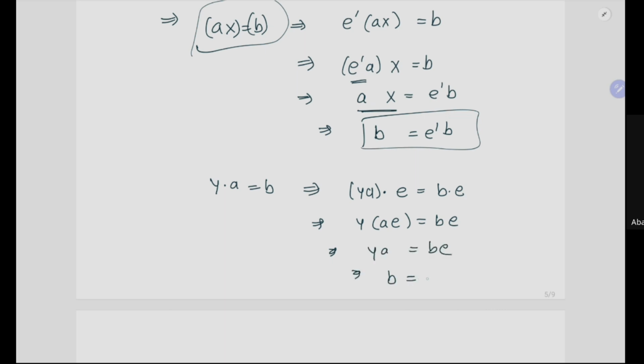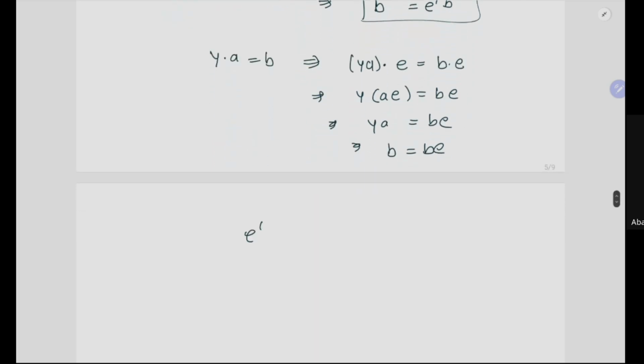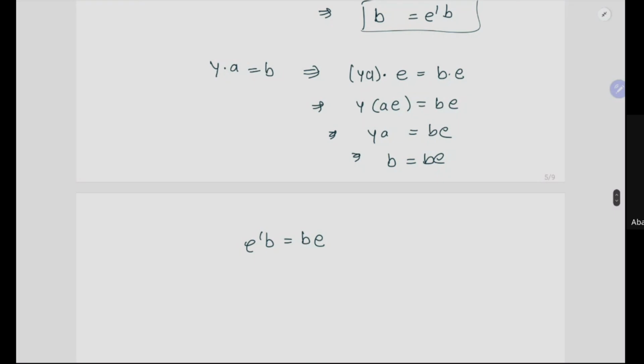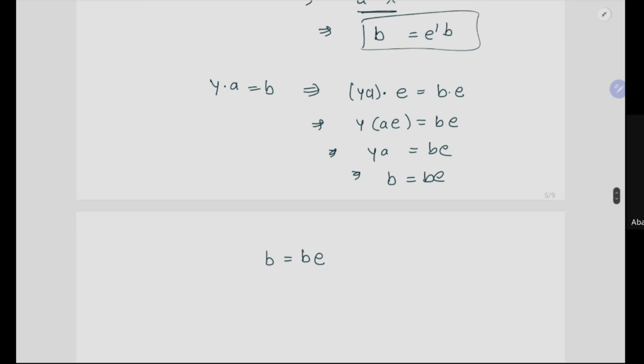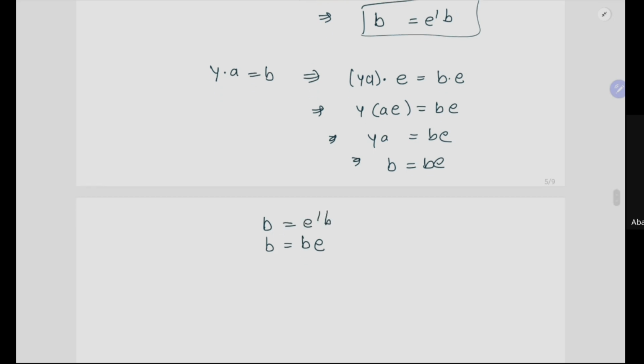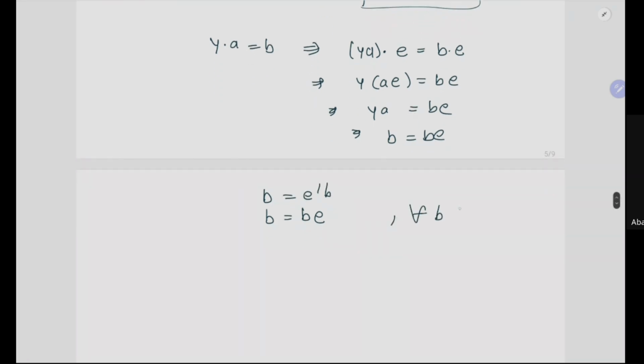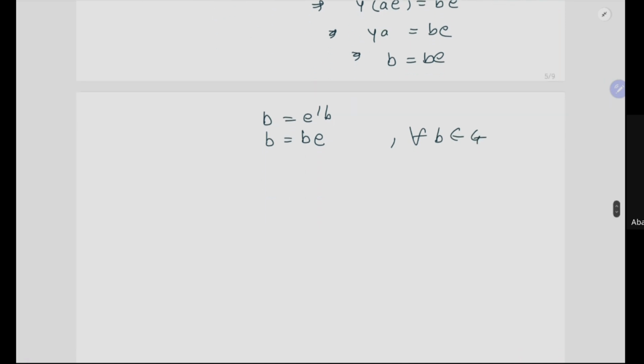So A is equal to BE. Using this, what I got: B is equal to BE, and B is equal to E dash B, for any B in G. So this is true for any B in G.